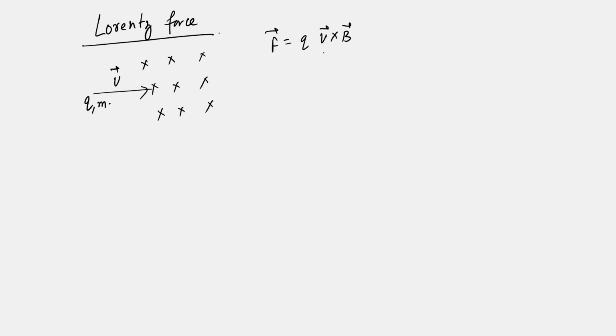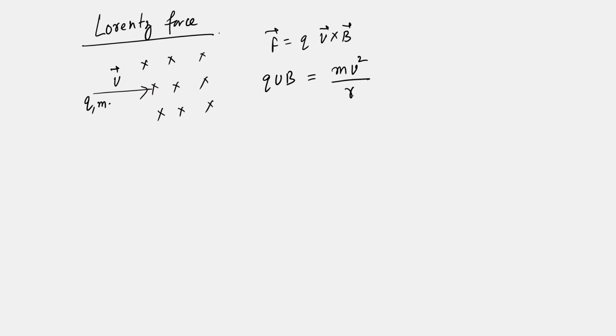If you write it in scalar form, or assume that v and B are perpendicular, then we have q v B, and that gives rise to the centripetal force. This is required for executing the circular motion.